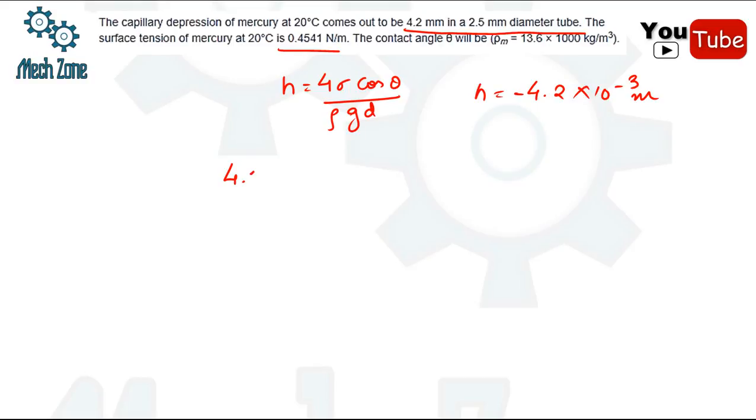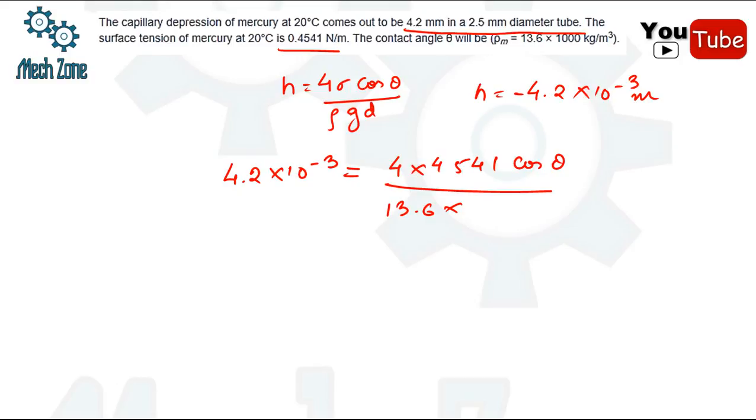We have 4.2 into 10 to the power minus 3 equals 4 into 450 into cos theta, divided by 13.6 multiplied by 1000 for the density of mercury, multiplied by 9.81, we will keep the value of g as 9.81, into 2.5 into 10 to the power minus 3.